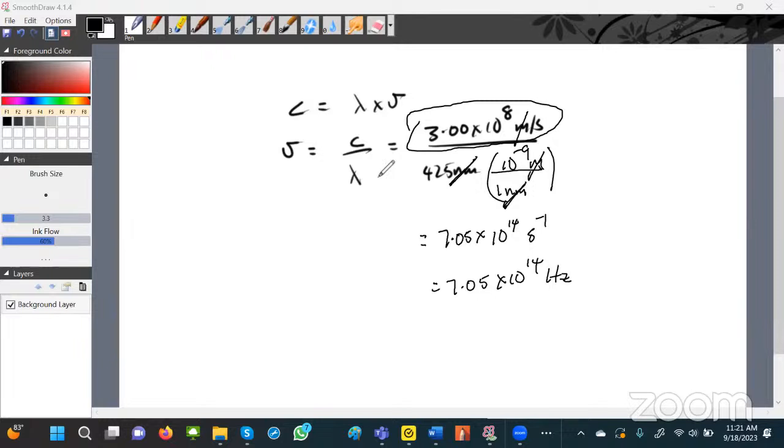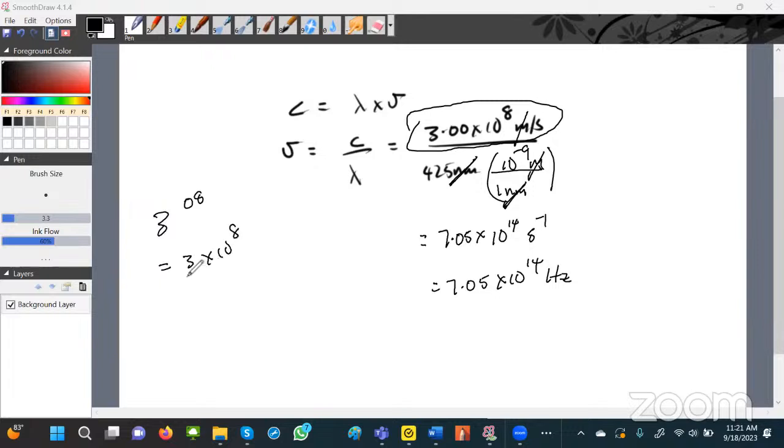If I were to enter 3.00 times 10 to the 8 in this calculator, I would have to press 3, and then there's a button here which says EXP, which stands for exponent, and then I would put 8. And on my calculator display, this is what it literally looks like: 3, and then you have 08 here, right? That, according to the calculator, is the same thing as 3 times 10 to the 8.